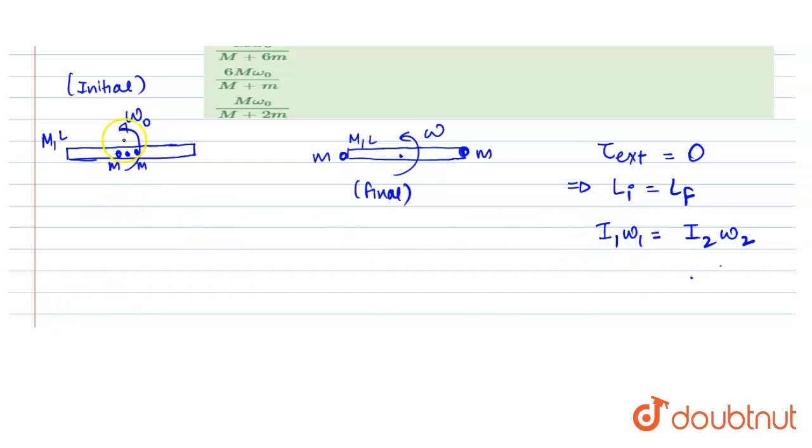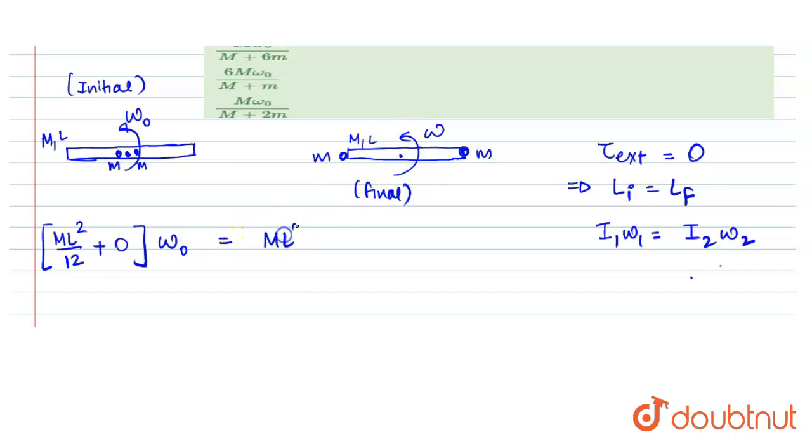I1, the total moment of inertia in the initial situation, would be the moment of inertia of the rod about its center, which is ML square by 12, plus the moment of inertia of the two masses. As the two masses are lying at the axis of rotation only, the separation is 0, so their moment of inertia will become 0, into initial omega, which is omega naught, that would be equal to the final moment of inertia.